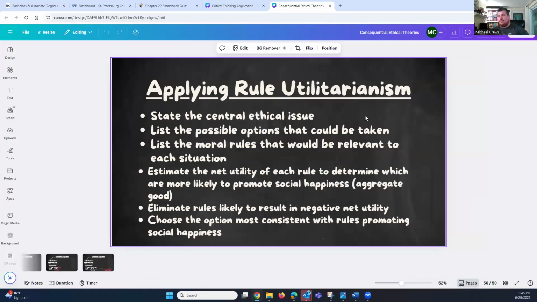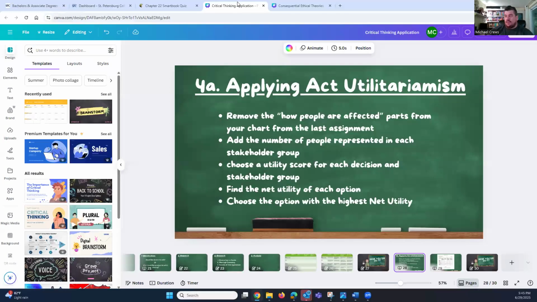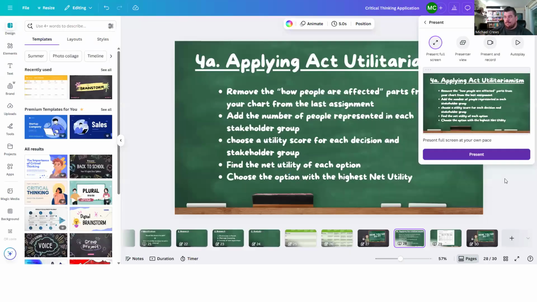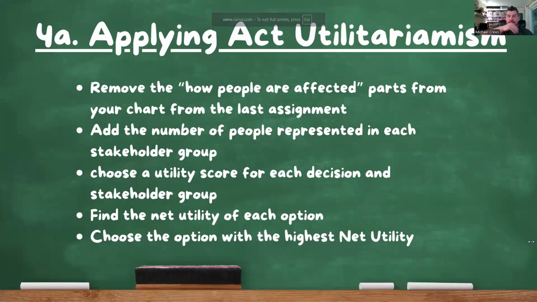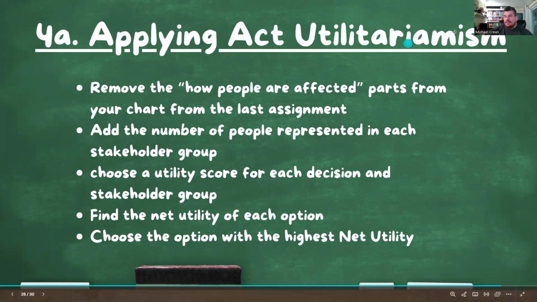So now let's look at what this is going to look like for our assignment this week. We're going to think back to our guy, Bob, and his wife who's cheating on him, that I showed you in the previous video, and we're going to pick up from there. Okay? So now we're going to do applying active utilitarianism.